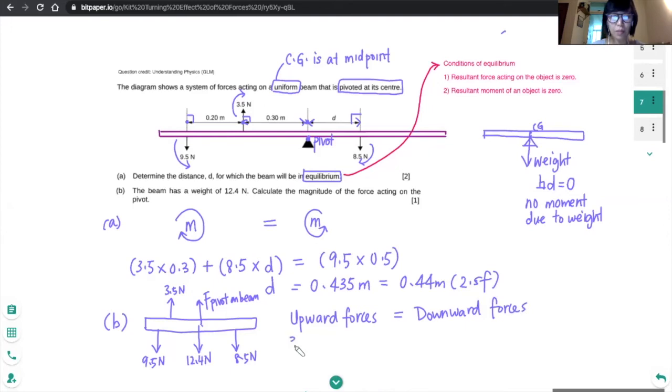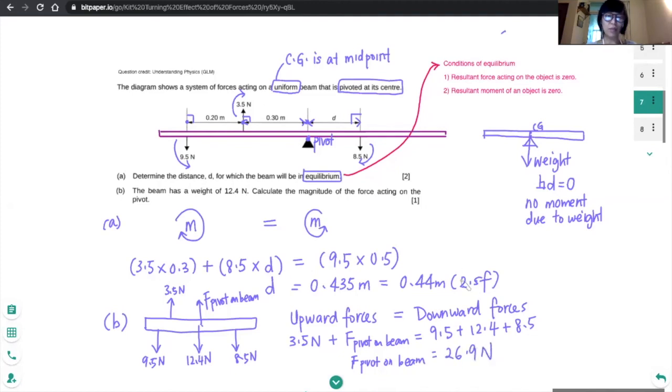So 3.5 Newton plus the force of the pivot on the beam equals 9.5 plus 12.4 plus 8.5. Using your math, you will get that the force exerted by the pivot on the beam is 26.9 Newton.